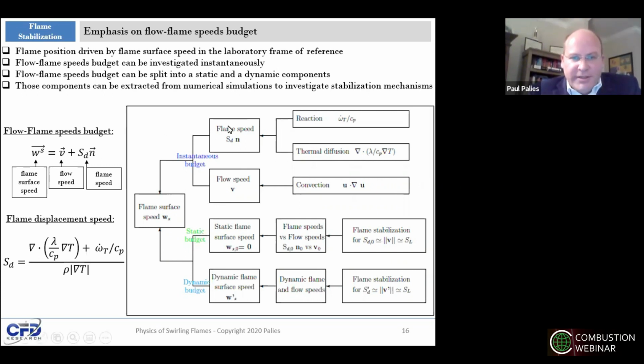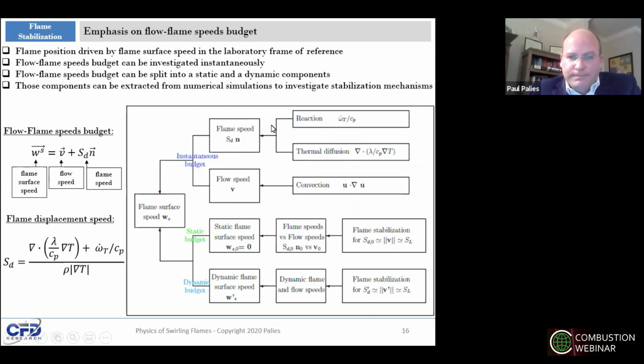And at the top of this diagram, you see the instantaneous budget, meaning we look at the instantaneous kinematic relationship budget. And this decomposition helped to investigate the flame stabilization mechanism on the CFD data. So if I look at the first block here, the flame speed is driven by a reaction and a thermal diffusion term, and we can quantify both of these terms along the flame structure.